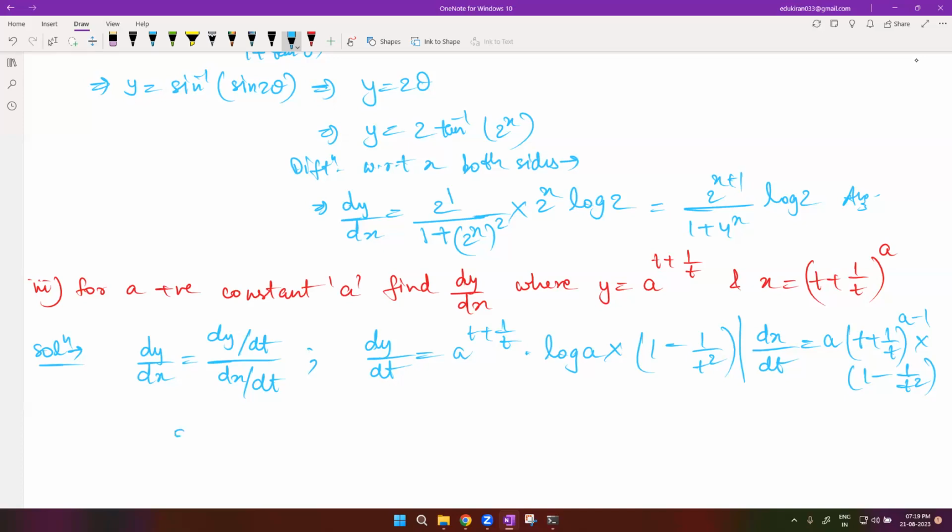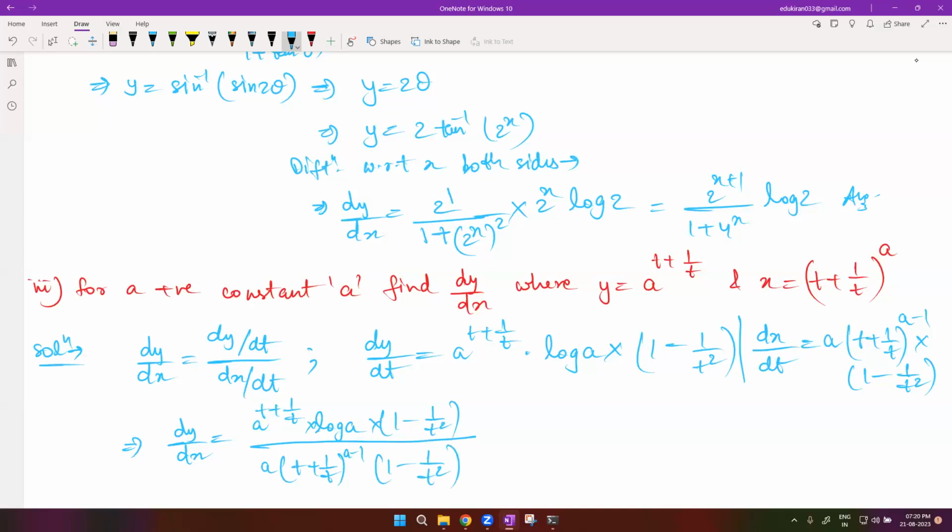Okay, let's find out dy by dx. So it should be dy by dt, which is a to the power (t plus 1 upon t) log a and (1 minus 1 upon t square), divided by dx by dt, which is a times (t plus 1 upon t) to the whole power a minus 1 and then (1 minus 1 upon t square).